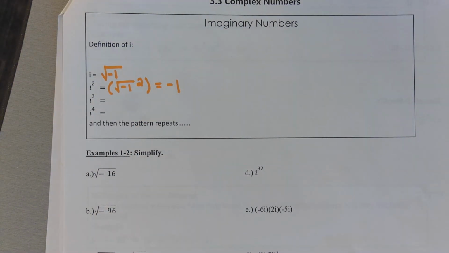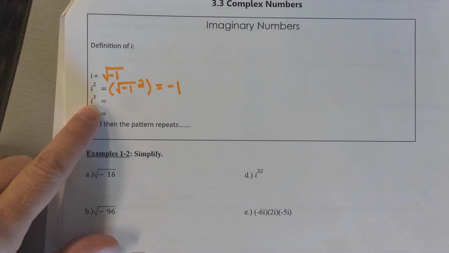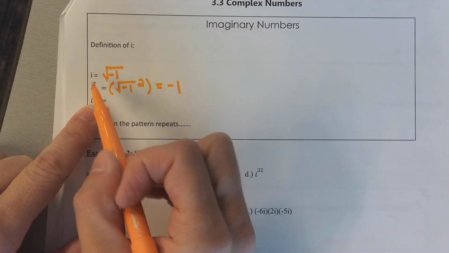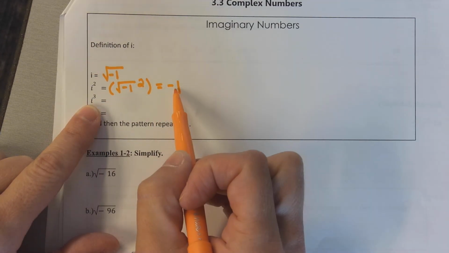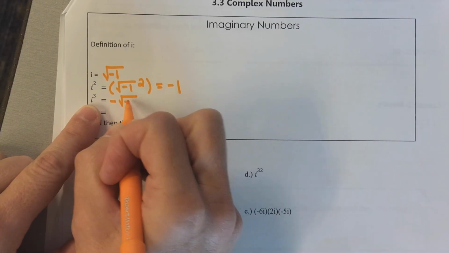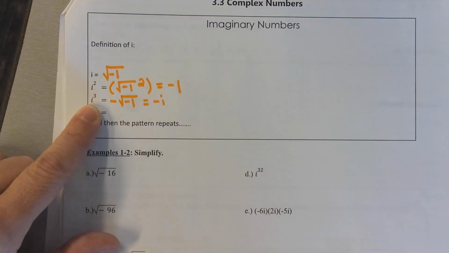So using our definition of what i is, i squared is -1. i cubed would be the same as i squared times i to the first, because a 2 and a 1 would add up to 3. If we multiplied these together, I'd get negative square root of -1. Another way to say that would be -i.